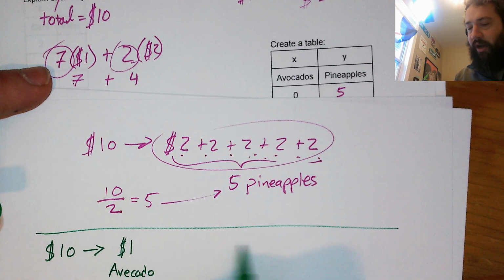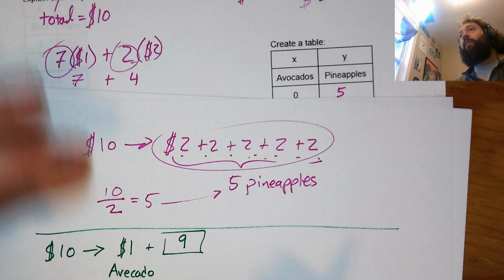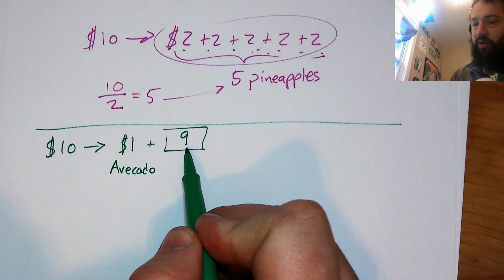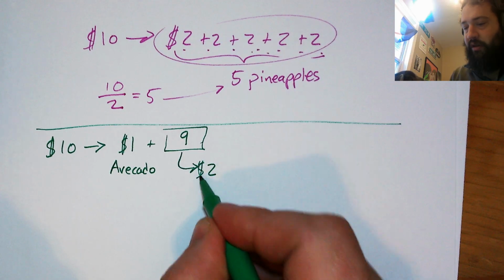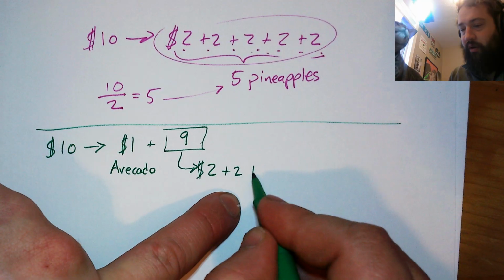And then how much do I have left here? I have $9 left to play with. So how many 2s can I fit into 9? If I have $2 and another $2, that's 4.